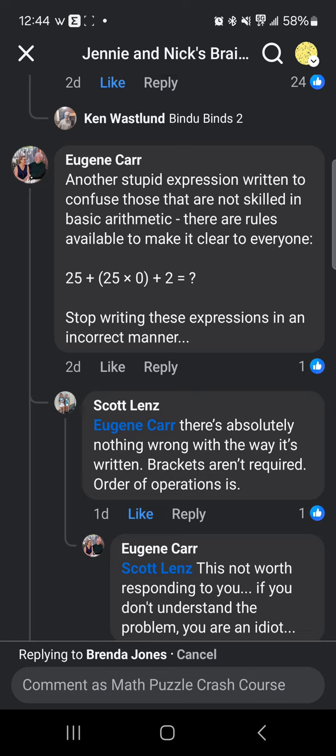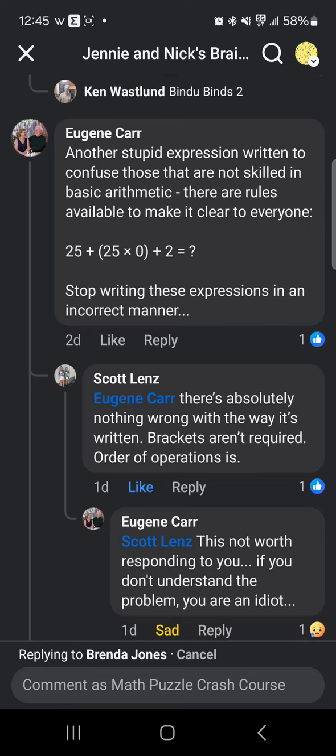I would rather people understand what multiplication means, what division means, what addition means, and what subtraction means. Because if you know what those things mean, it makes sense. You don't have to just say, well, you just magically put parentheses around something.